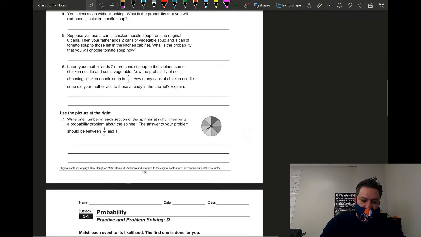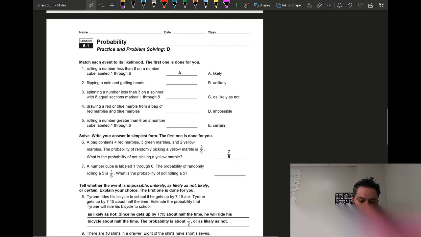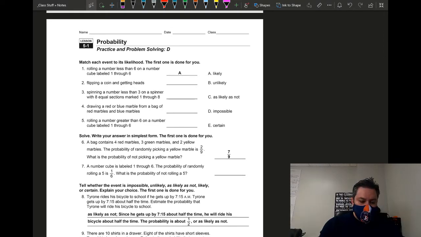Now for the other page, side D, which is the back of the page that you have, it's going to be almost the same. Over here we have likely. Remember, if you want to number this, 1 is 100%. Unlikely is less than half.